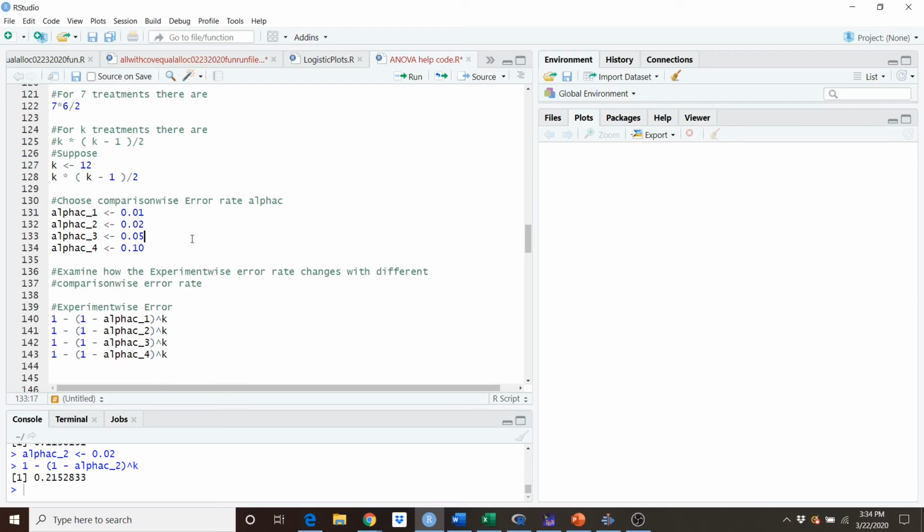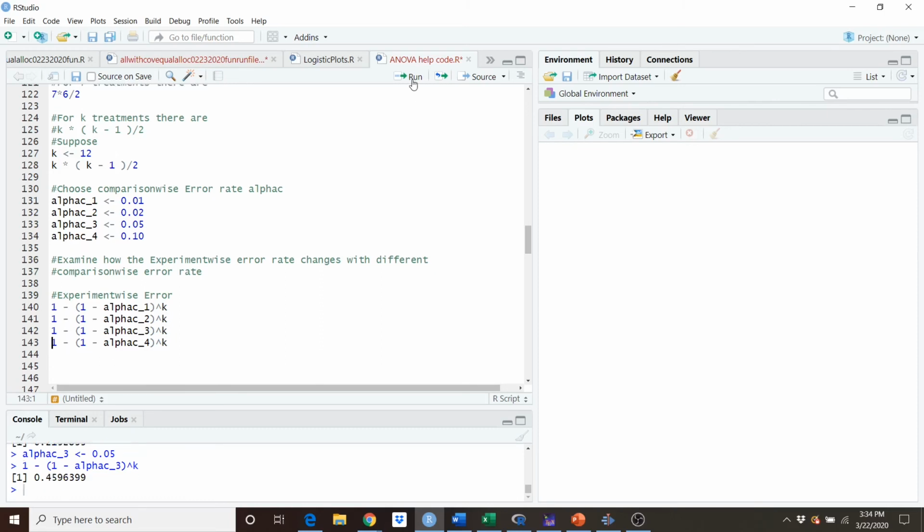If we then increase our comparison-wise error rate to 0.05, our experiment-wise error rate goes up to 0.4596399. So over 45% of the time, we're going to make an error. If we then increase our alpha to 0.10, our comparison-wise error rate to 0.10, what happens?